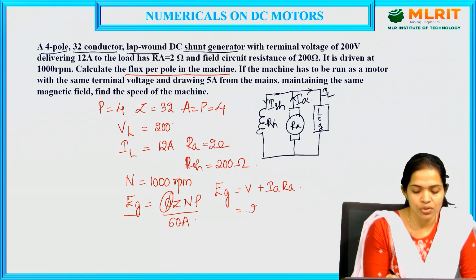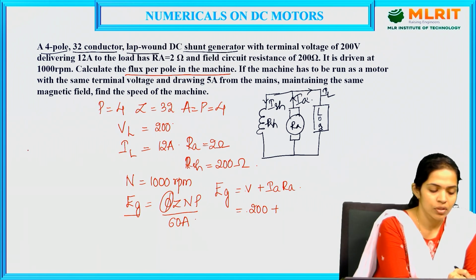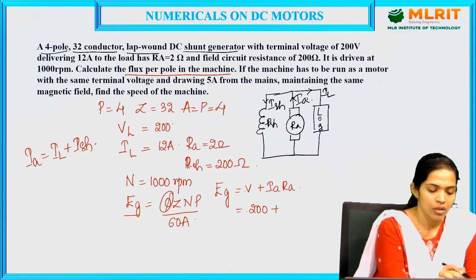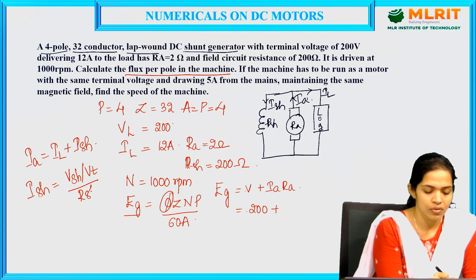Terminal voltage is 200. We also need to calculate Ia now. So Ia is equal to IL plus ISH. ISH is again VSH or V terminal divided by RSH.